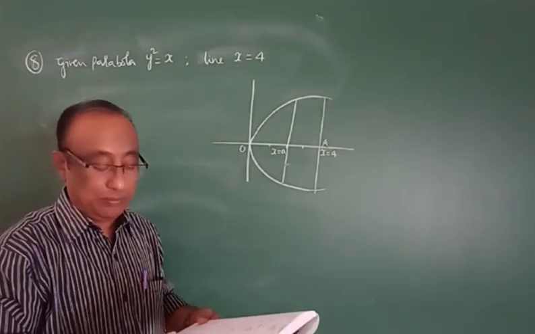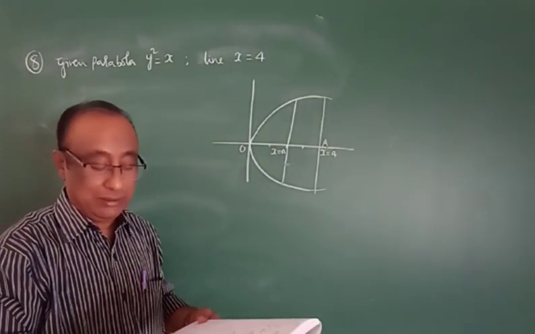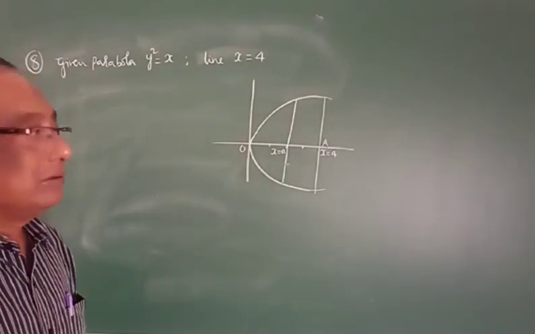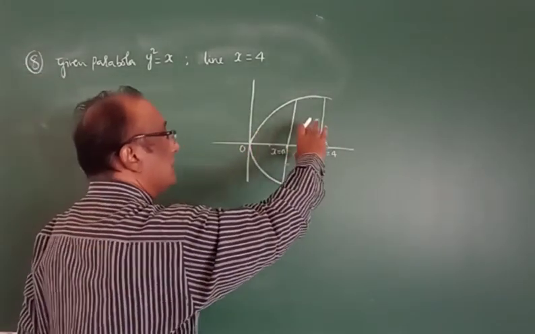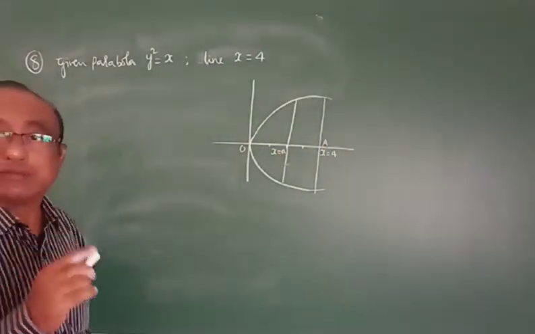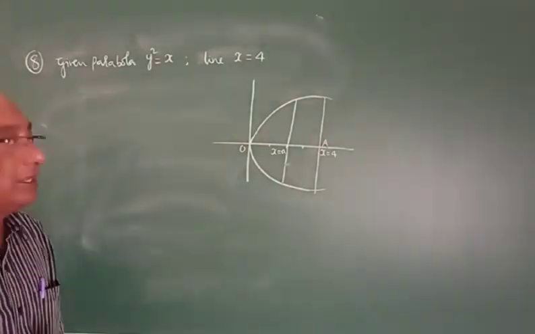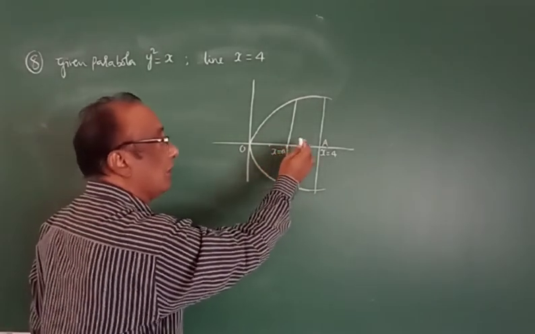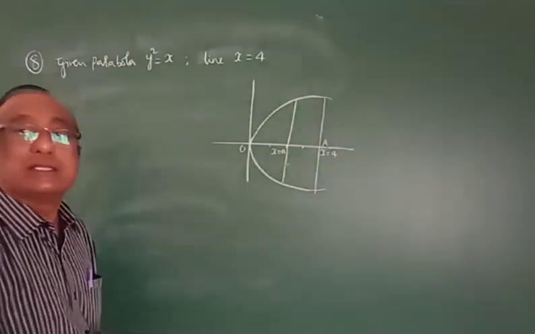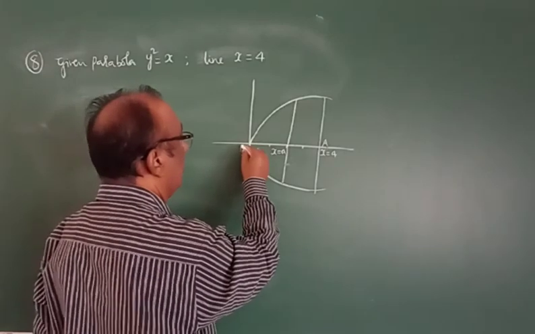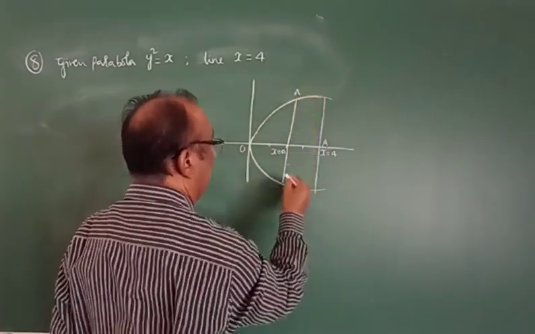So two equal parts, find the area. Okay, this part and this part is equal, find the area. So everyone observe very carefully. 0 to a area is equal to a to 4 area. Okay? I will put the name 0 a b.